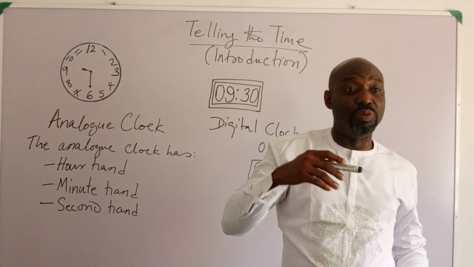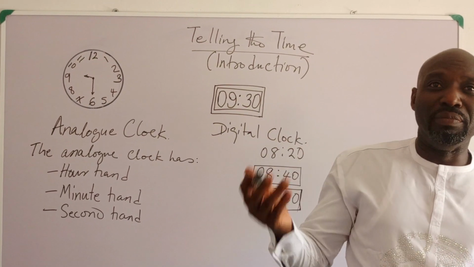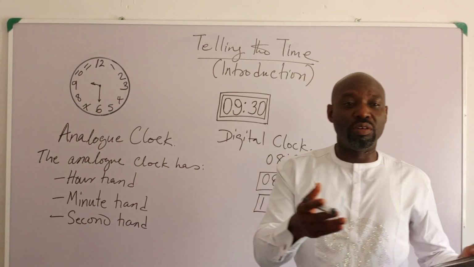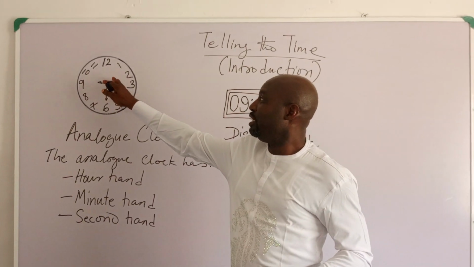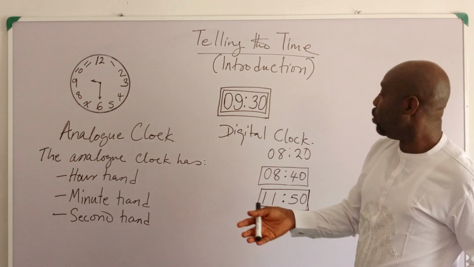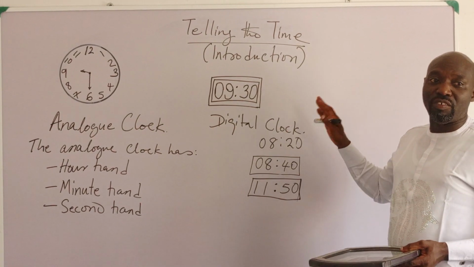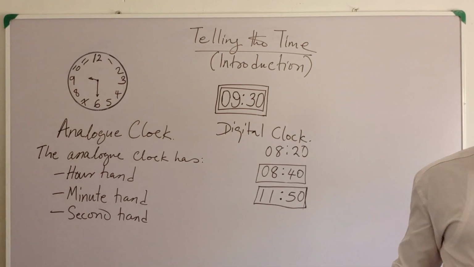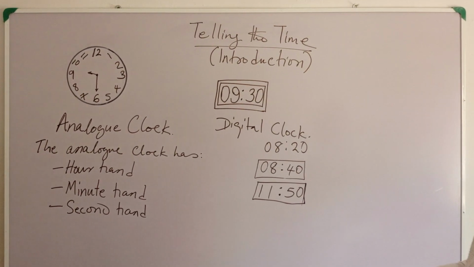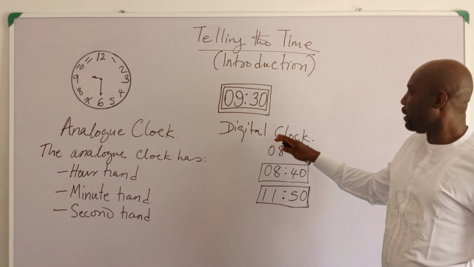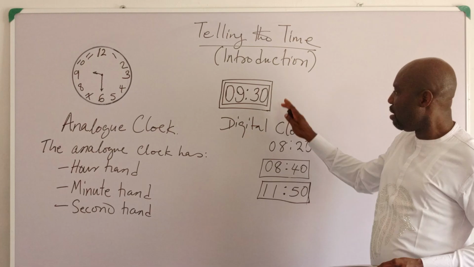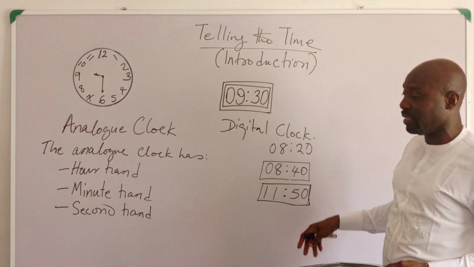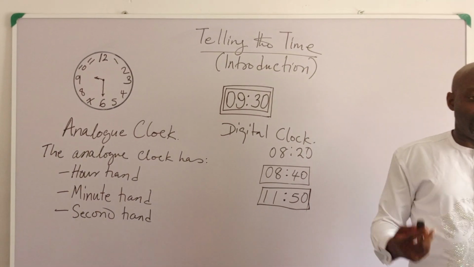Only a few wristwatches, for those above 50 years or even 40, use this kind of face. Most young persons don't. Most of their wristwatches have the digital format because many things are now in digital formats. So since most students use the digital clock or pieces in their digital format, they find it difficult to tell the time.